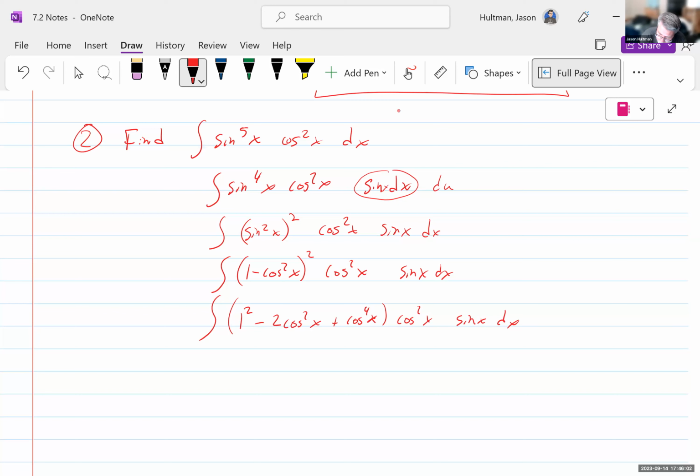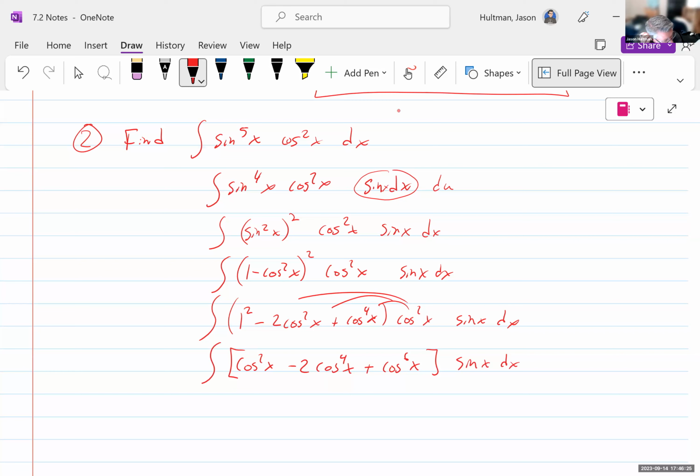And so if I distribute the cosine squared, I get cosine squared x minus 2 cosine to the 4th x plus cosine to the 6th x, put that in brackets, times the sine x dx.